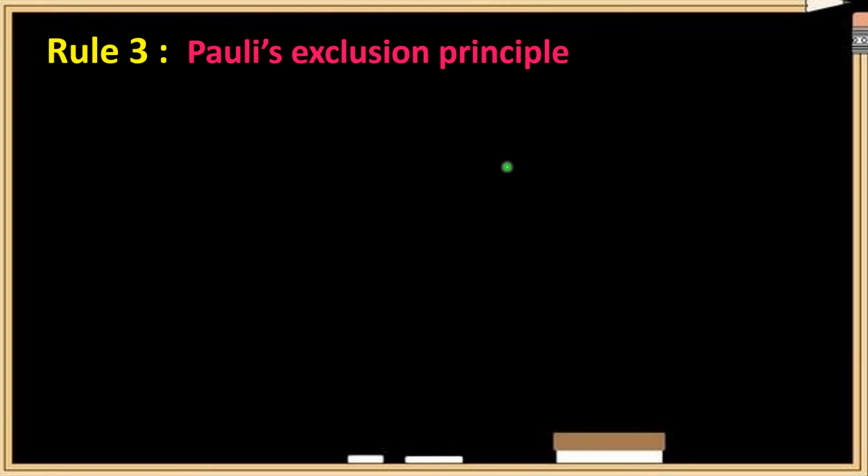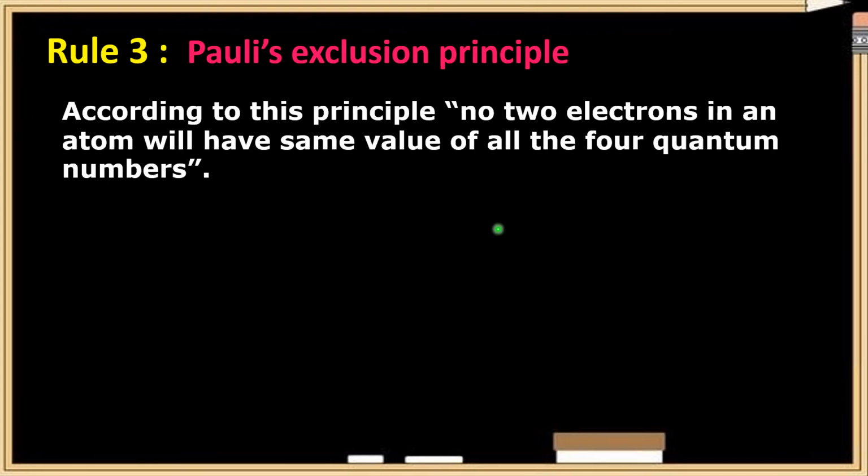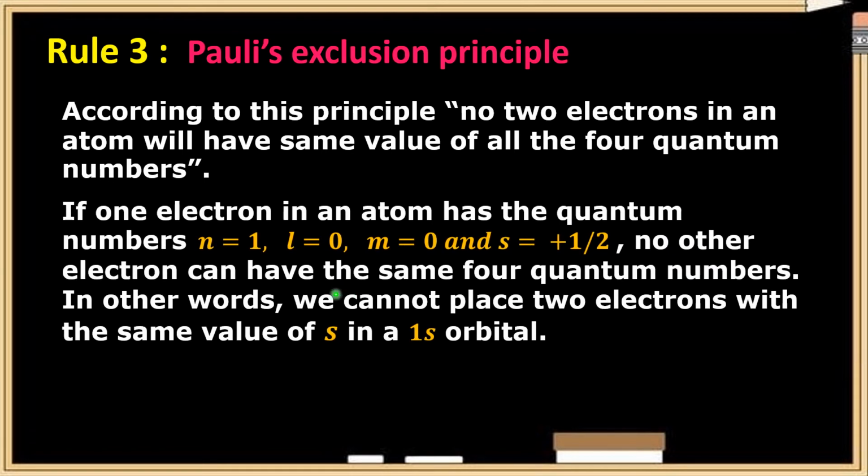Next, rule 3, that is Pauli's exclusion principle. I have already defined this principle. According to this principle, no two electrons in an atom will have the same value of all the four quantum numbers. If one electron in an atom has the quantum numbers, say n equal to 1, L equal to 0, M equal to 0 and S equal to plus 1 by 2, no other electron can have the same four quantum numbers.